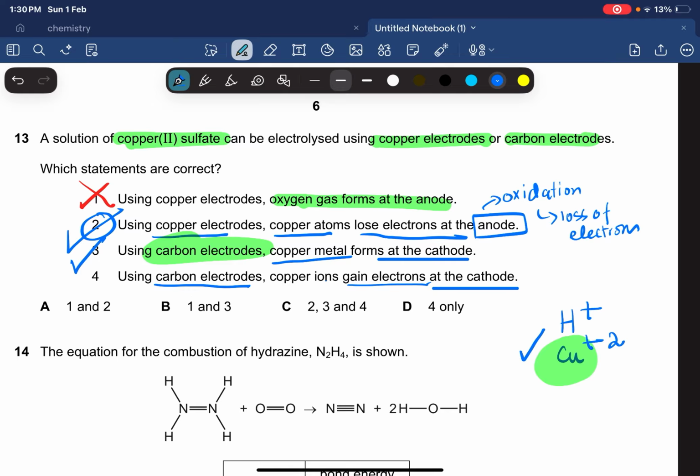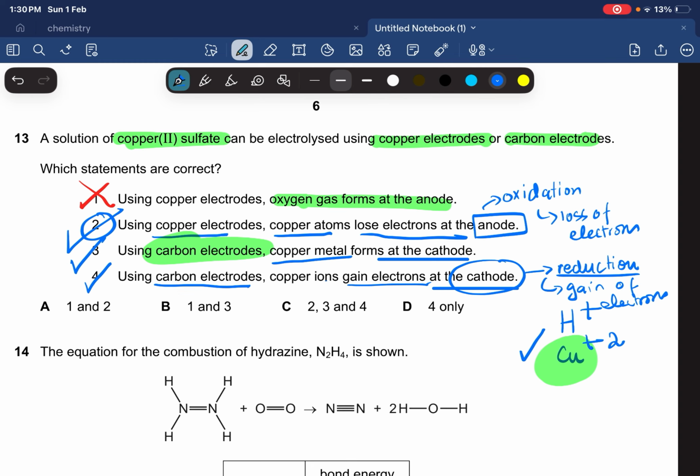That's correct, because reduction happens at the cathode, and reduction is basically your gain of electrons.